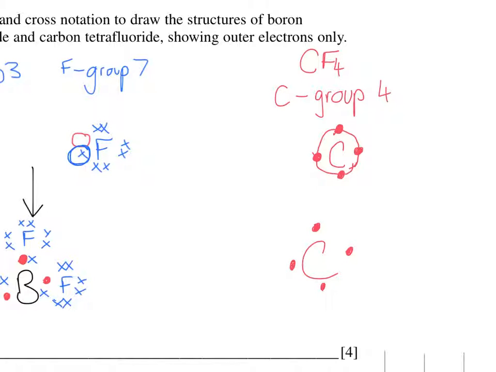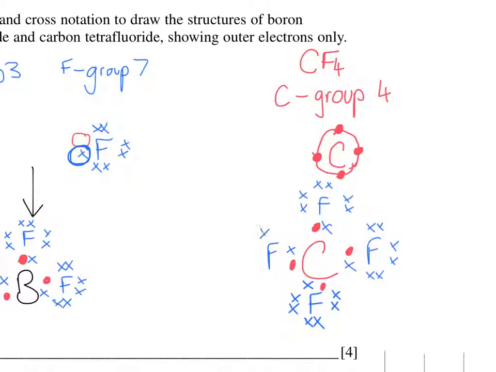It then pairs up with the unpaired electron of fluorine, but then we have to draw fluorine's other outer electrons. And that's the case for the other 3 fluorine atoms as well. And so we have our dot and cross structure then for carbon tetrafluoride also.